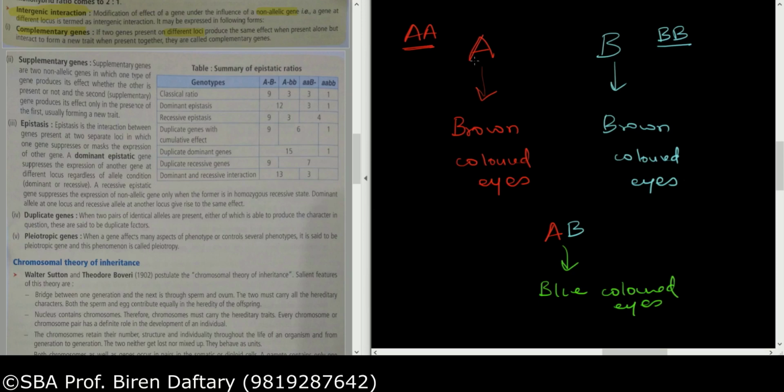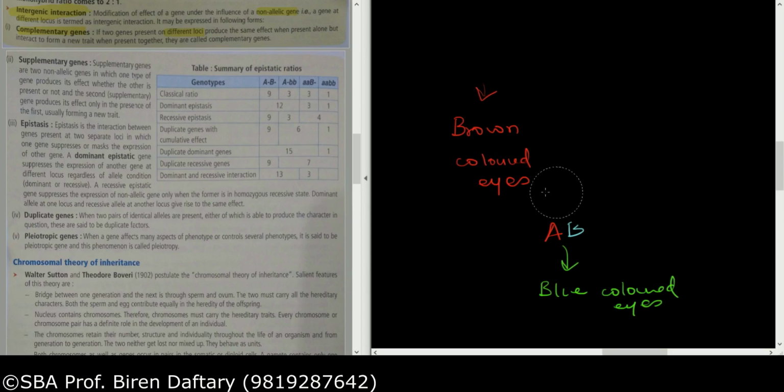A alone and B alone show the same effect. But when they are present together, they show some other effect. These genes are called complementary genes. Is this clear? This is the first example of intergenic interactions. I hope this example is clear.